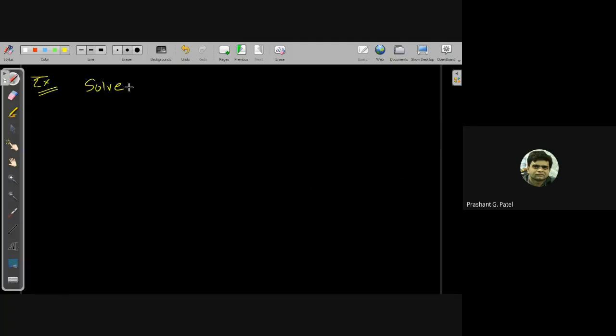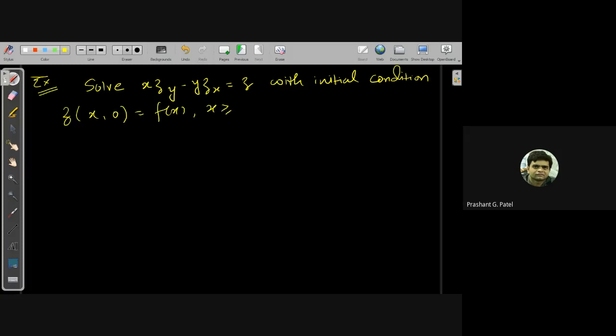Solve x zy minus y zx is equal to z with initial condition z of x comma 0 is equal to f of x if x is greater than or equal to 0. So the initial condition is given, and we need to find out what will be the solution for this one.